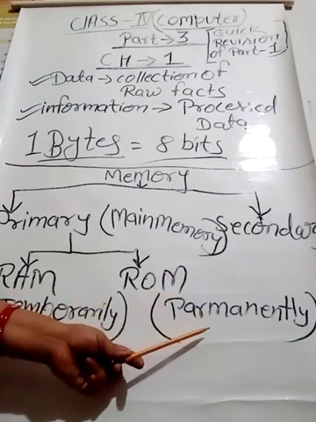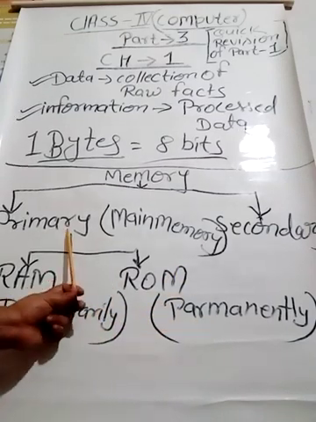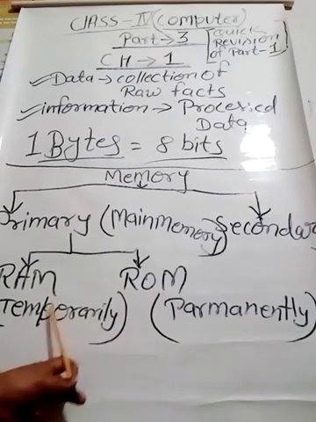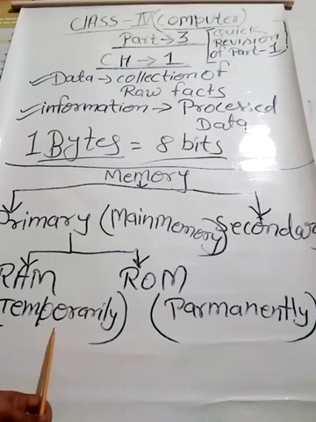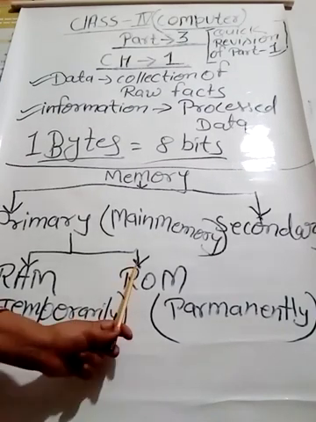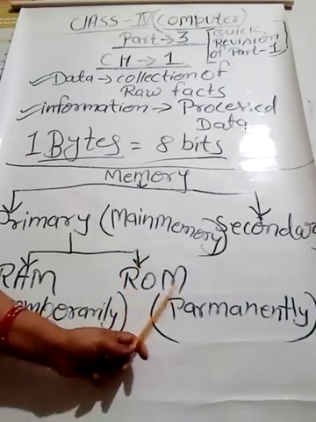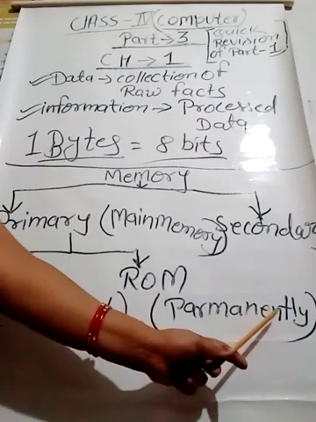So primary memory is classified in two parts: RAM and ROM. RAM stands for random access memory, it stores the data temporarily. ROM stands for read-only memory, it stores the data permanently.